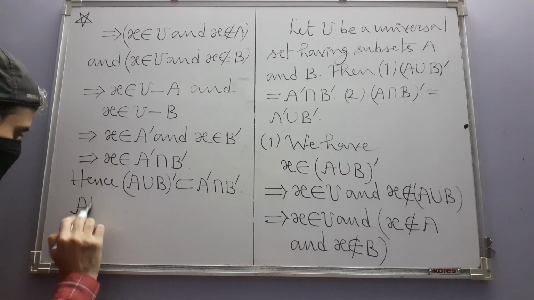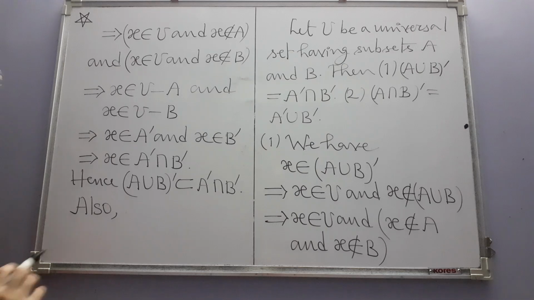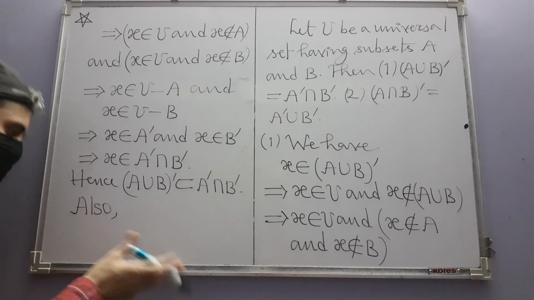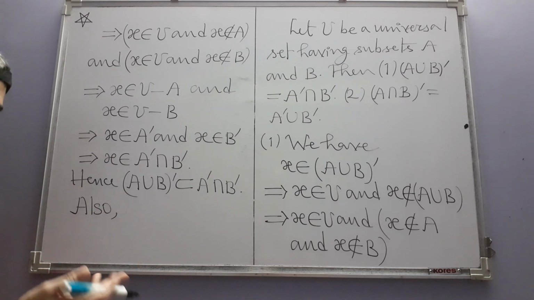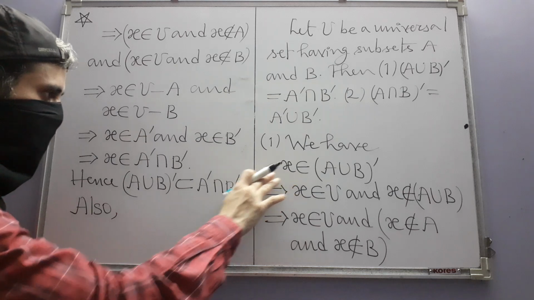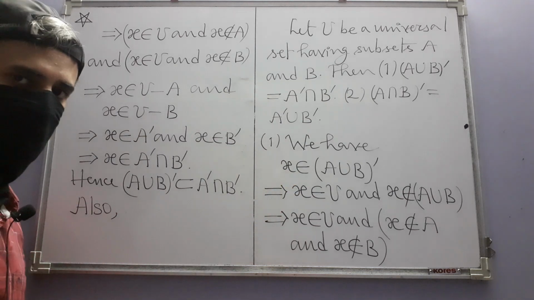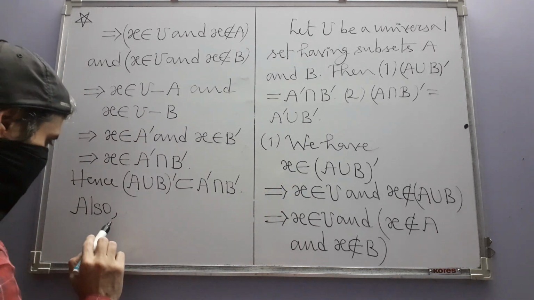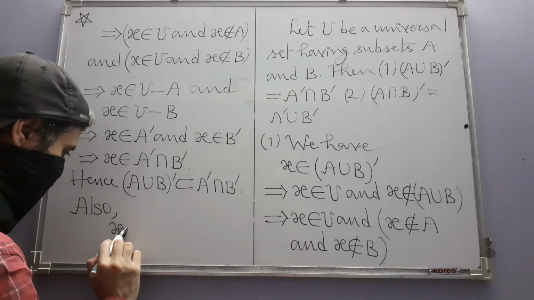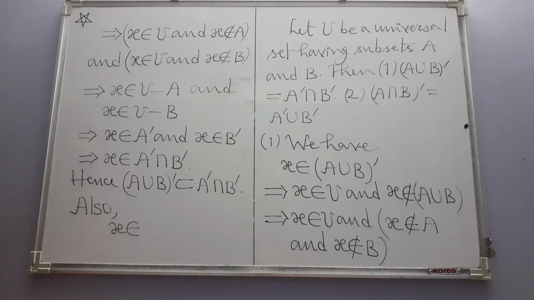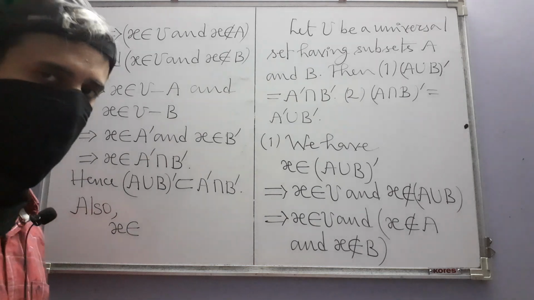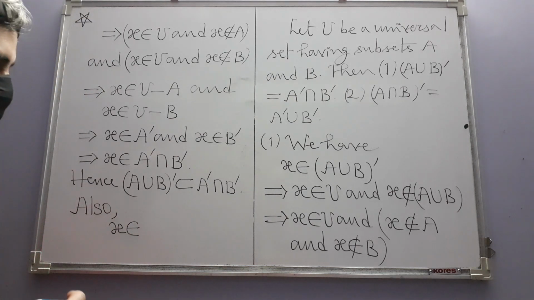Also, you can again write X or you can write Y, whatever name you want to give to the general element, it does not matter. So let me just write X itself, because these are variables, dummy variables. You give them any name, after all they are going to represent the same thing.